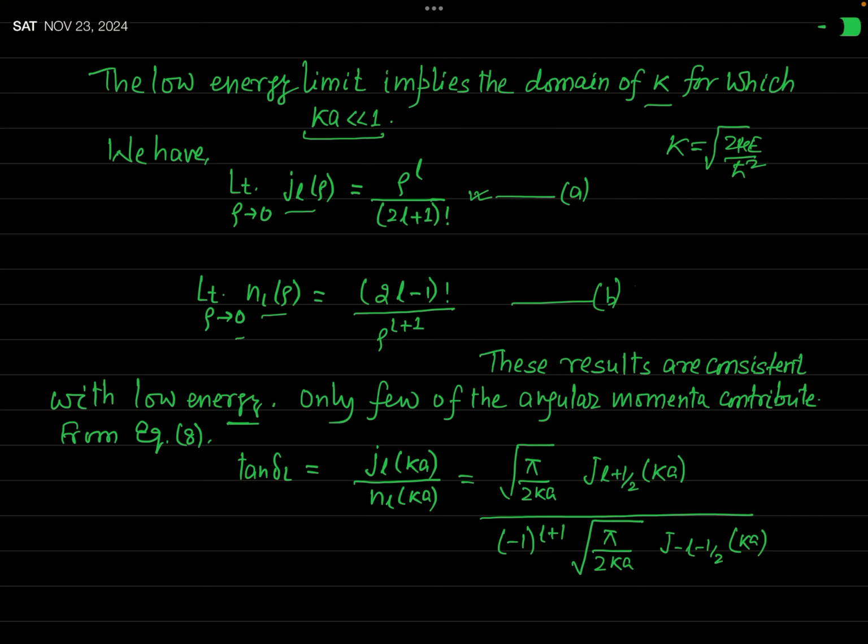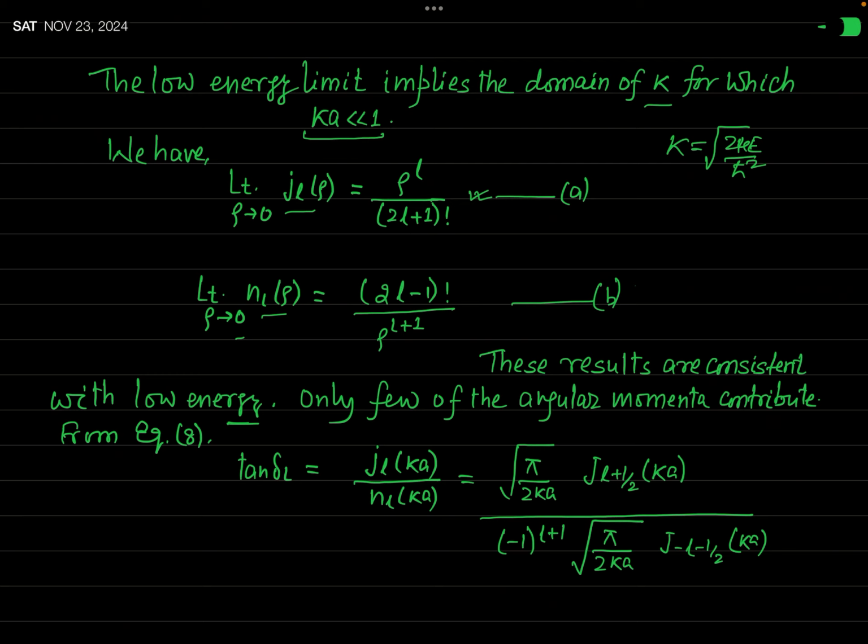And in this condition, only a few of the angular momenta contribute. In fact, these relations show that the value of delta L decreases rapidly with increase in L, and consequently the scattering is prominently due to S wave.